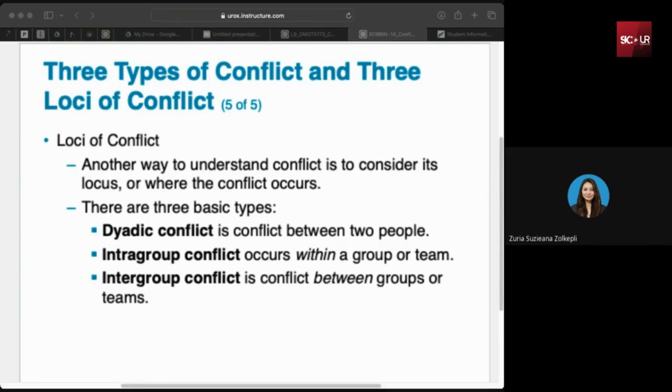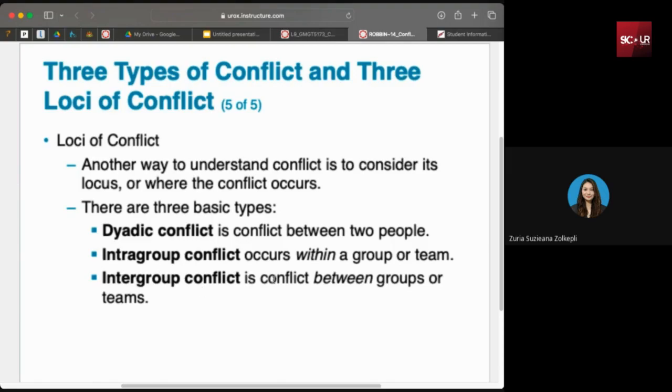Let's say if you are in the marketing department and you ada your own group, your team, and then there is some conflict going around, maybe 2-3 people ataupun 2 versus 2, 3 versus 2, 3 versus 2 versus 1. So that one is intra-group conflict lah. Okay, means that you are in the same team, but a lot of disagreement happens.